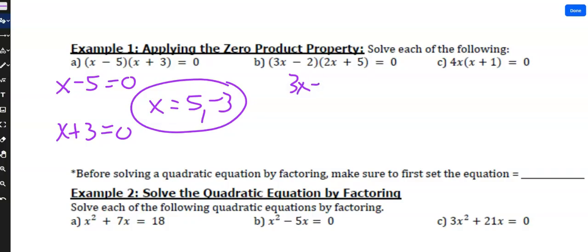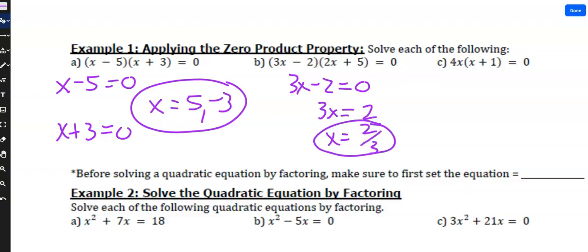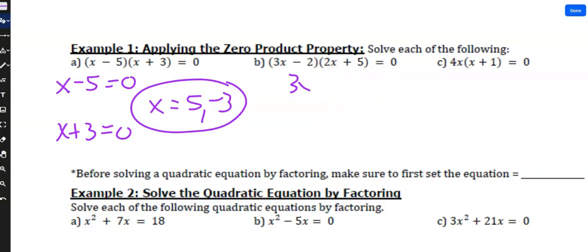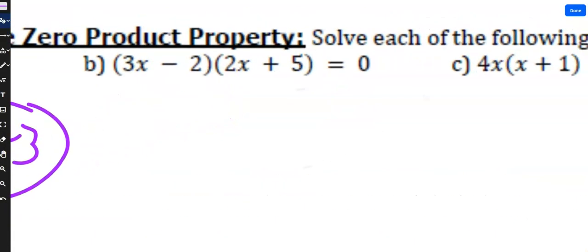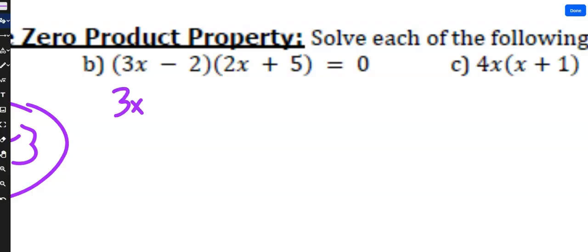But then sometimes kids fall apart when we get to stuff like this, because they simply don't want to do the solving to get a fraction. They expect that it's just going to be a piece of cake. Maybe I should back up and write that a little bit smaller since I took all my space. 3x minus 2 equals 0. 3x equals 2.